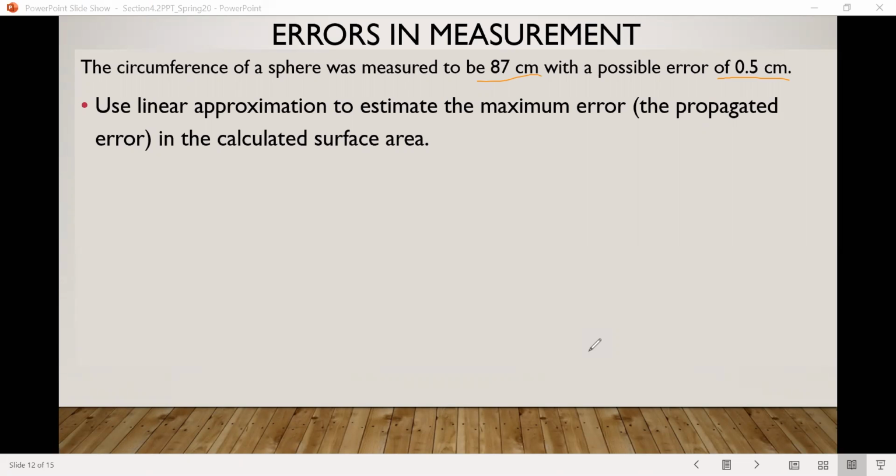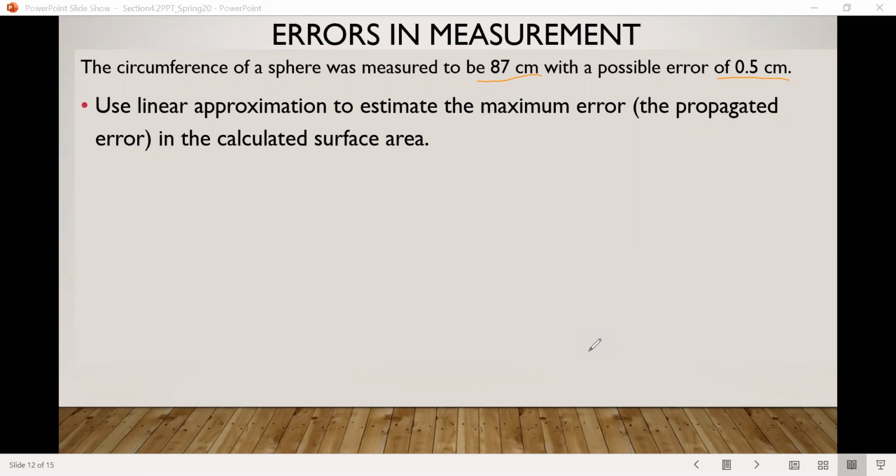Which means even though they measured the circumference of the sphere to be 87 centimeters, it could actually be some number as high as 87.5 centimeters or another number as low as 86.5 centimeters. Okay, and we don't actually know which of those values it is. And it could be anywhere in between.